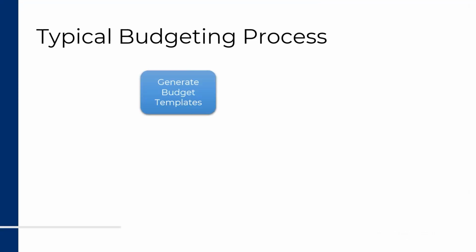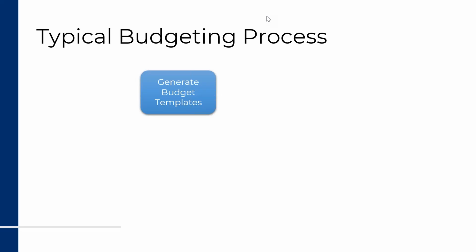So just a little bit about the actual budgeting process. This may not be the exact steps that you follow, but typically based on our conversations with our clients, we recognize there are a few steps to completing your budgets. And the first thing you would do typically is you would generate your budget templates.